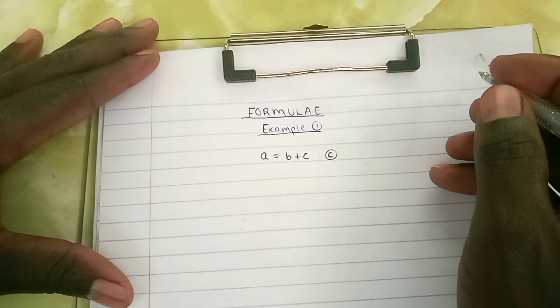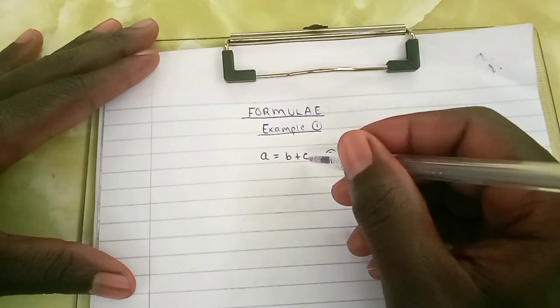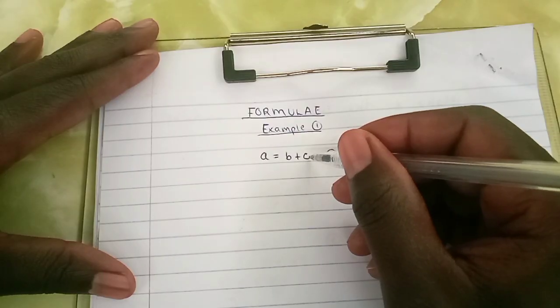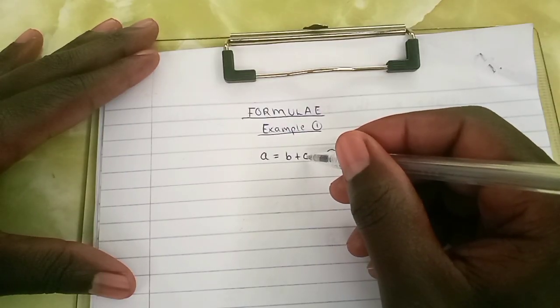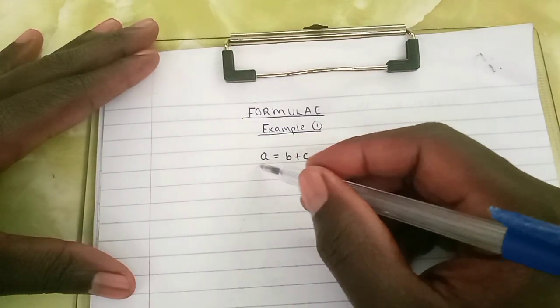To make C the subject of the formula, I'm going to make C to be alone first, and it should be alone on the left-hand side of the equation, and all other terms should be on the right hand of the equation.